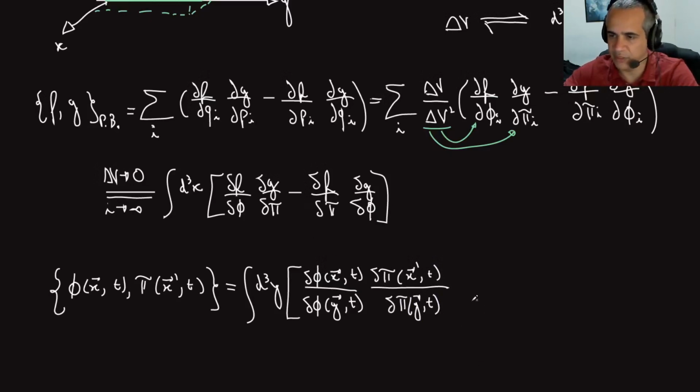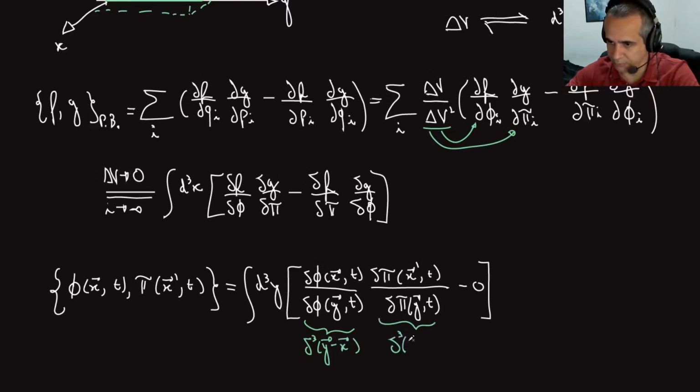This is just from the definition here. The second part is just 0 because I'll have delta phi in relation to pi and pi in relation to phi. This is all 0 because these functions are independent of each other. And just remember the definition of the functional derivatives that I defined a few lectures ago. This is just the Dirac delta in 3 dimensions between y and x. And this one is the same between y and x prime.